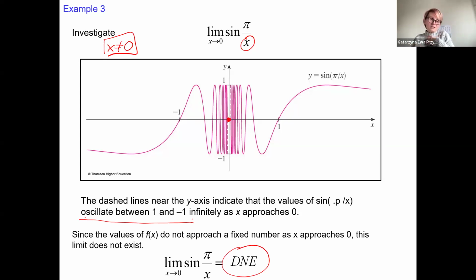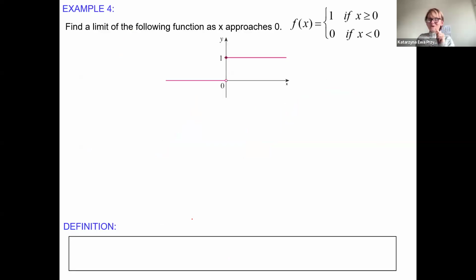If I ask for this type of function, I will definitely provide the graph for you. Don't worry, this is just an example for showing. Let's keep working because we have lots of examples. Every slide is important.